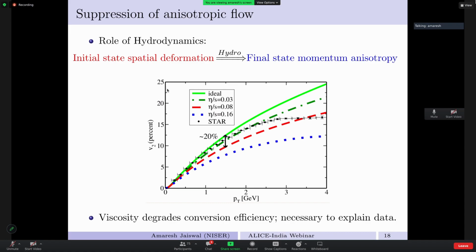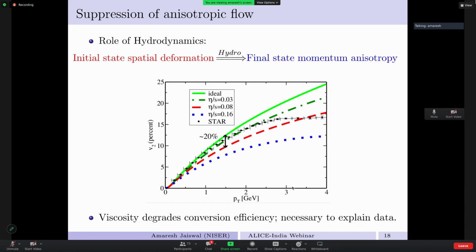I must say that this is the very first plot. If you look at recent calculations from MUSIC, they get very good agreement, although at very high pT I would not be very certain about hydrodynamics working. For example, 4 GeV is already a bit high for STAR.